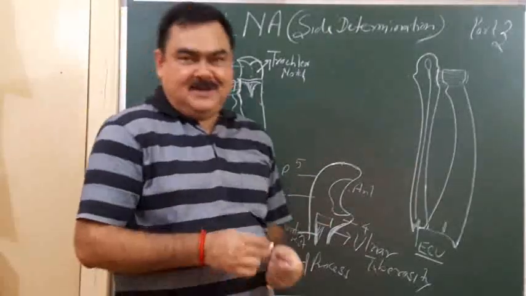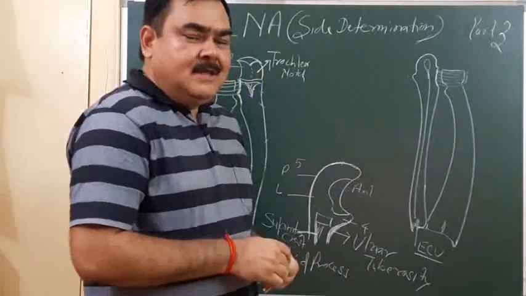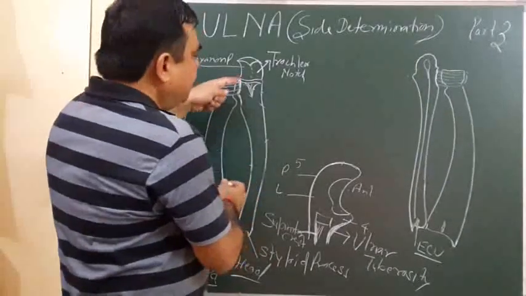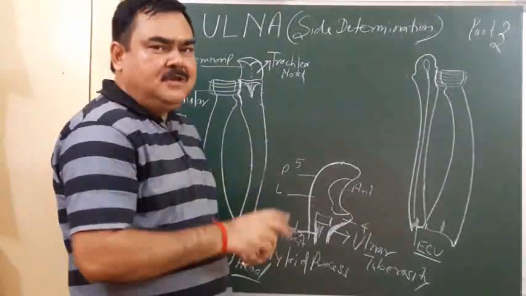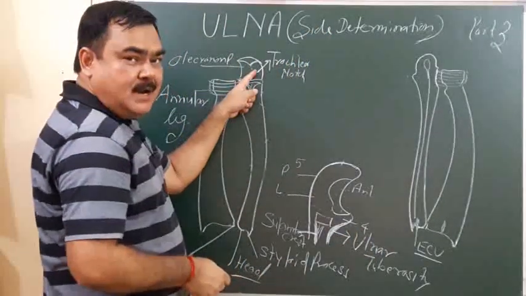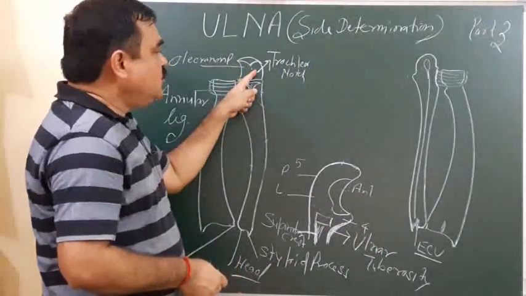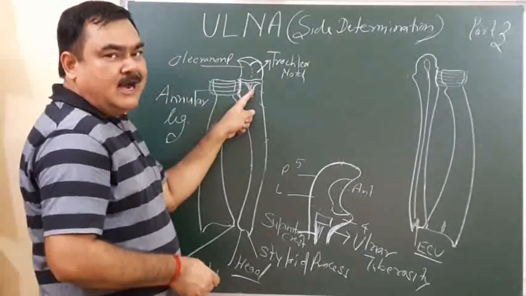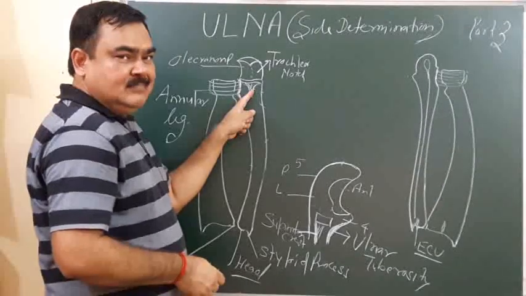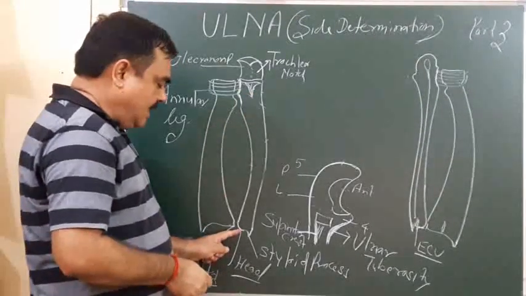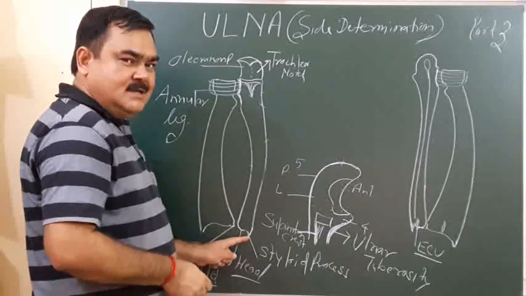Now, side determination. The side of the ulna can be determined by keeping three things in mind. One, its upper end has two processes, the olecranon process and the coronoid process, and the lower end has the head and the styloid process.